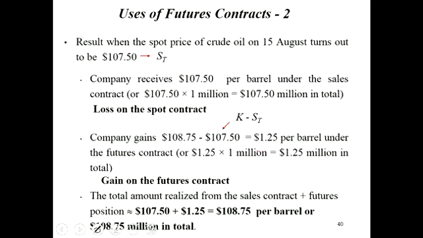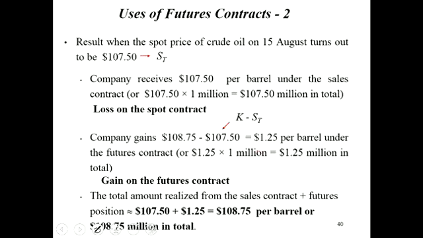In this case, price did go up, and they're going to take a small loss, not a big one, 0.75 million there, and that ends up with $108.75 million there. So what they've been able to do is basically fully hedge that production.